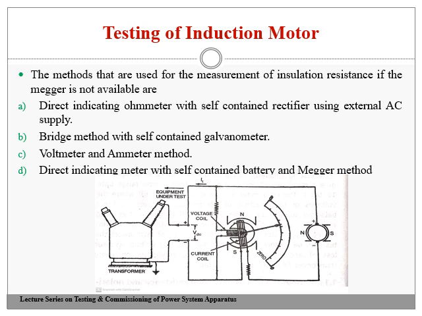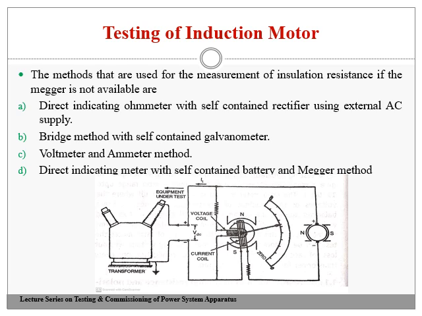You can see that the current coil is connected in series with the generator. The potential coil is connected in shunt, that is, in parallel with the supply voltage.